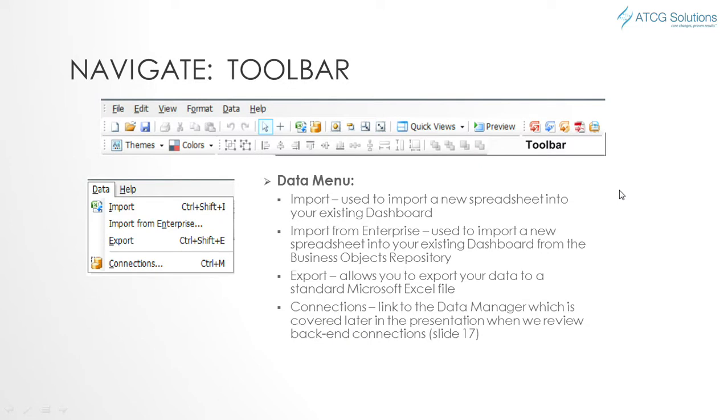In the data menu, we can import a new spreadsheet into your dashboard using import. And import from enterprise is used to import from the BusinessObjects repository. Also, you can export to a standard MS Excel file, and connections links to the data manager, which we will talk about later.